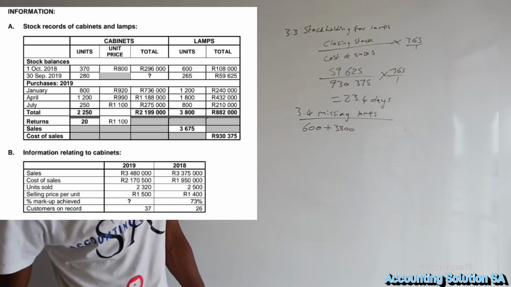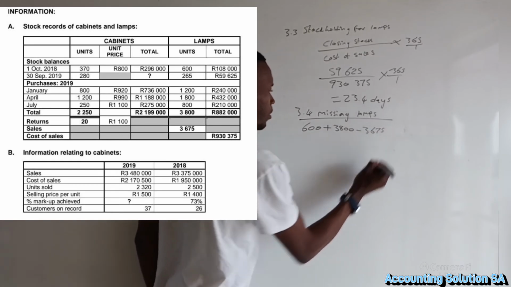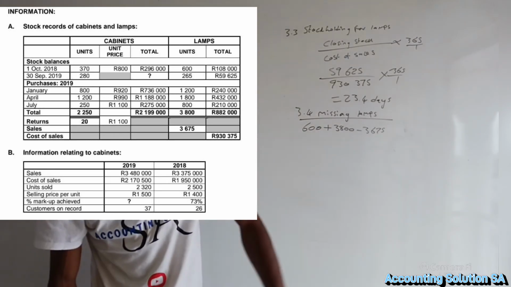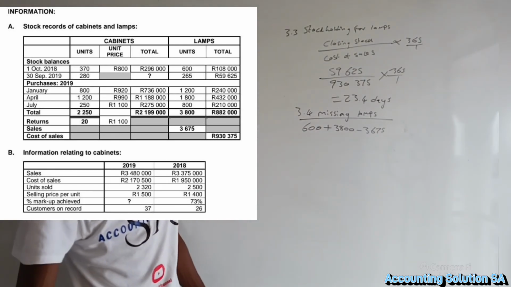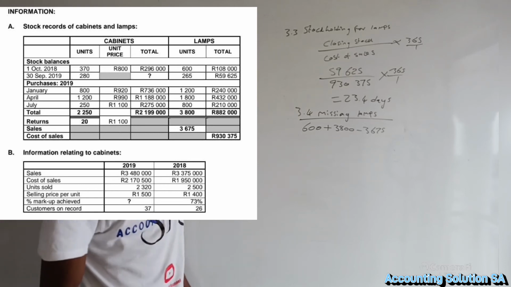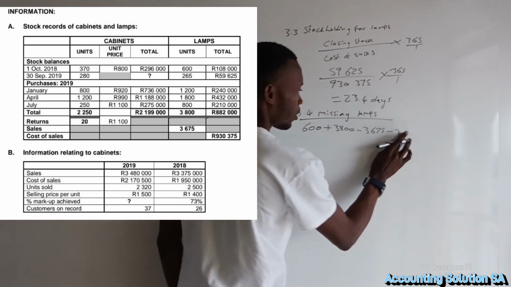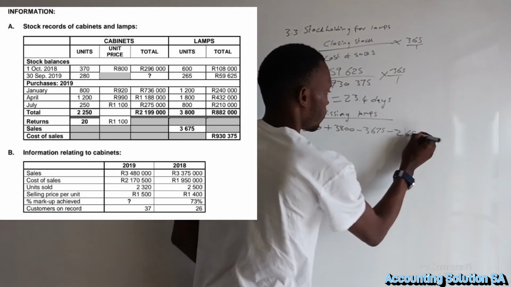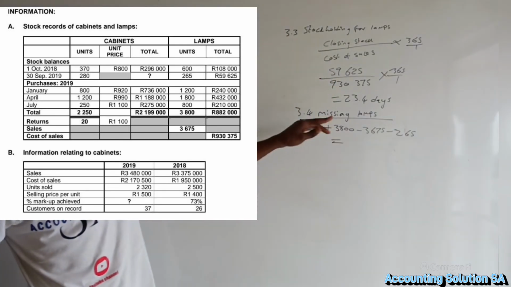And we sold 3,675. We have to subtract it because it went out. Then we have the count at the end of the year, 265. We have to take it away so that we can see if we have any shortage.